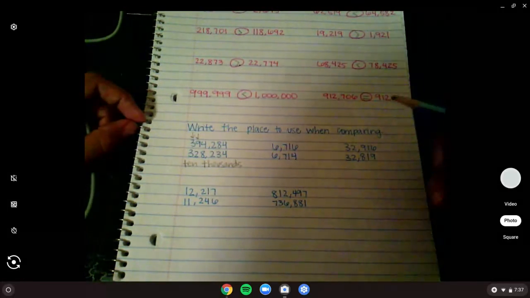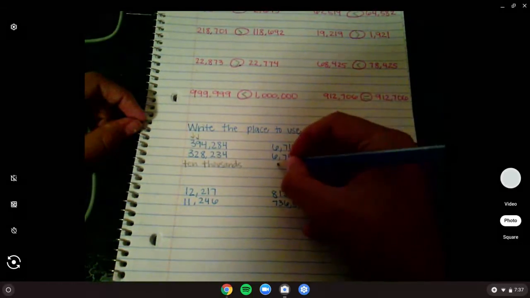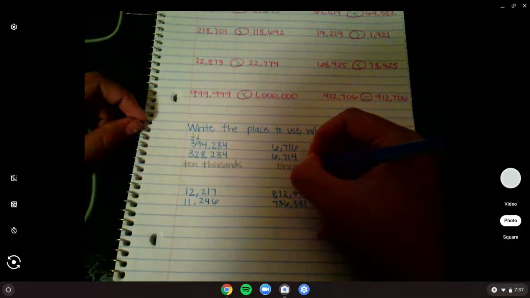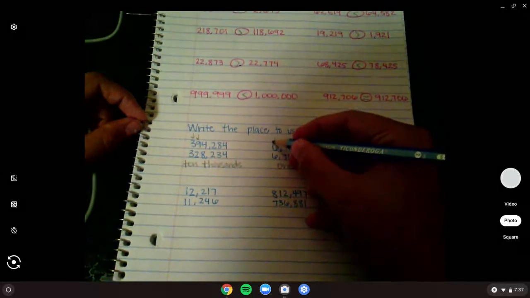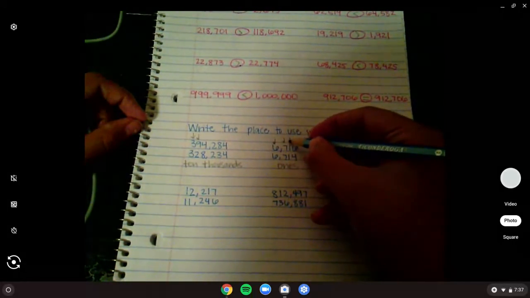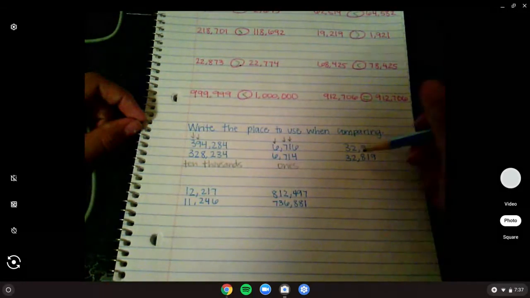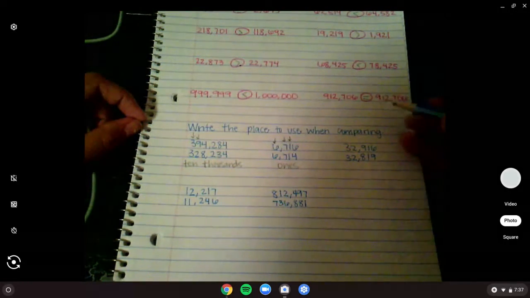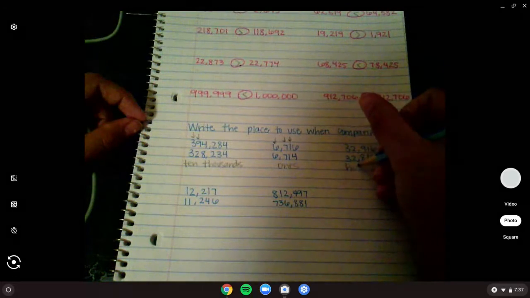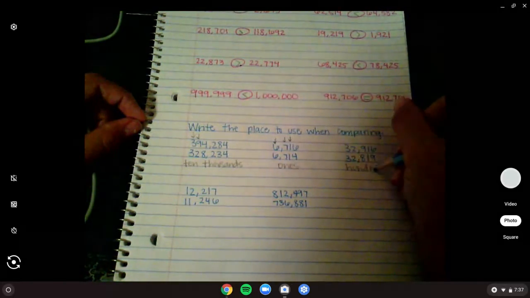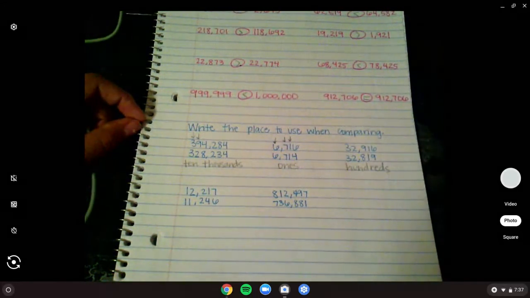All right, the next one, we would actually use the ones place because everything in front is exactly the same. For our next one, we would use the hundreds place compares.